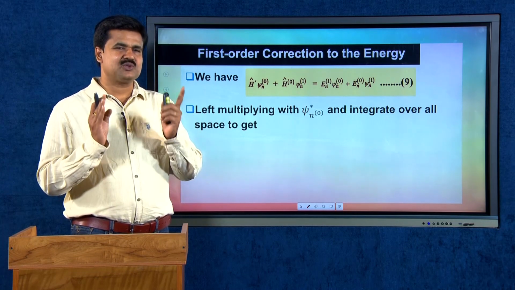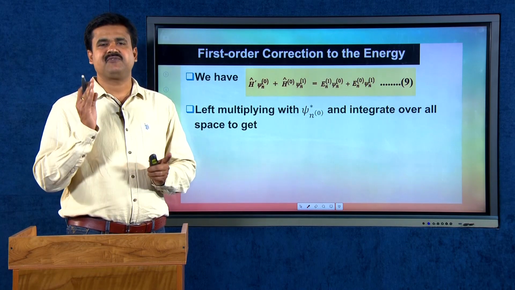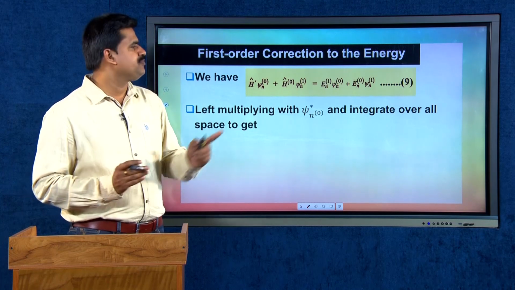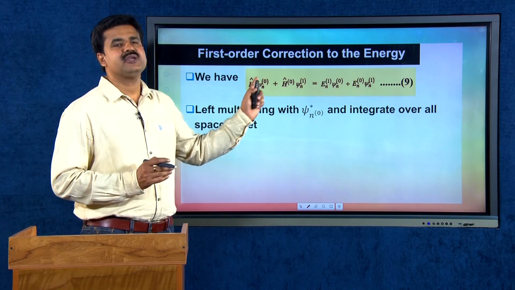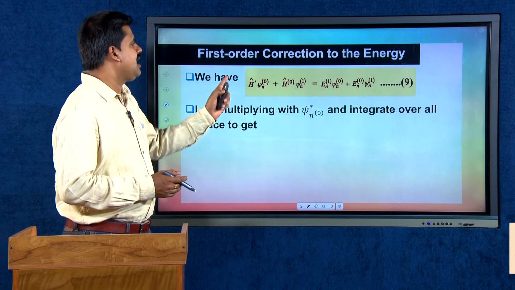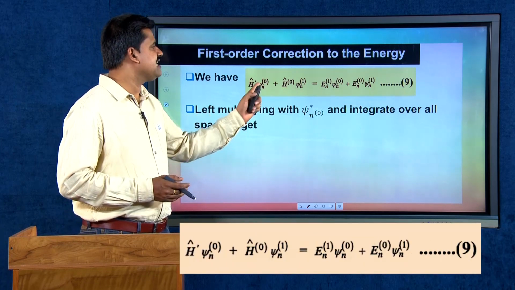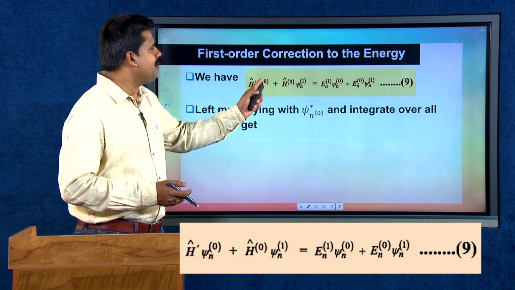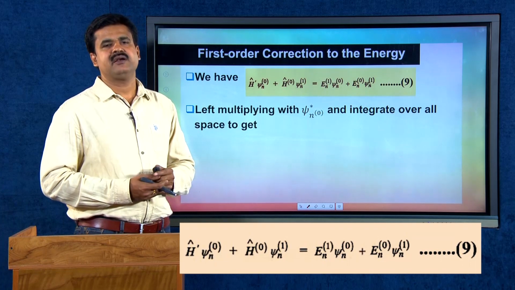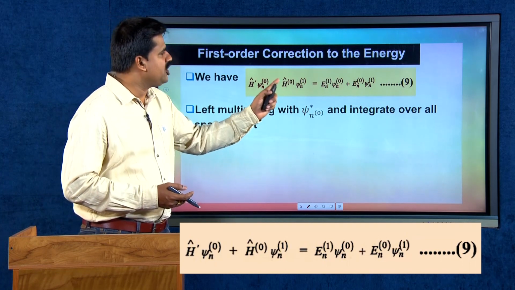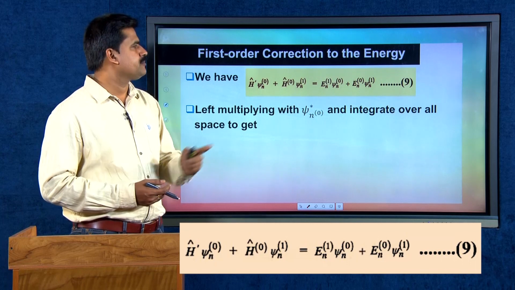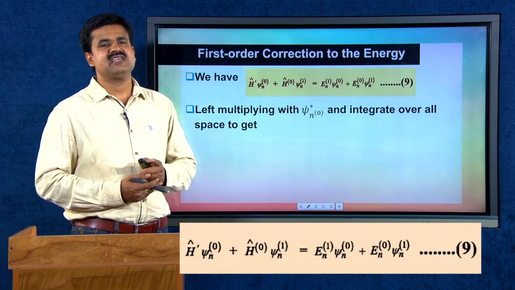So, in order to illustrate and discuss the first order correction to energy, we have to begin from equation number 9. Hamiltonian dash psi n 0 plus Hamiltonian 0 psi n 1 equal to En 1 psi n 0 plus En 0 psi n 1.